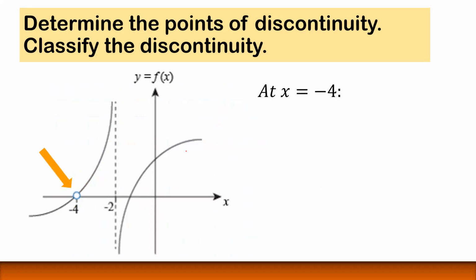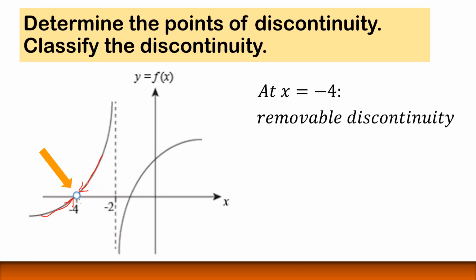At x equals negative 4, as you can see, it would almost have been continuous, but a hole was placed in the graph. Coming from the left of negative 4, this is the behavior of the function, going to that hole. Coming from the right, it's going to the same hollow point. So the limit from either side is the same. That's why this is a removable discontinuity.